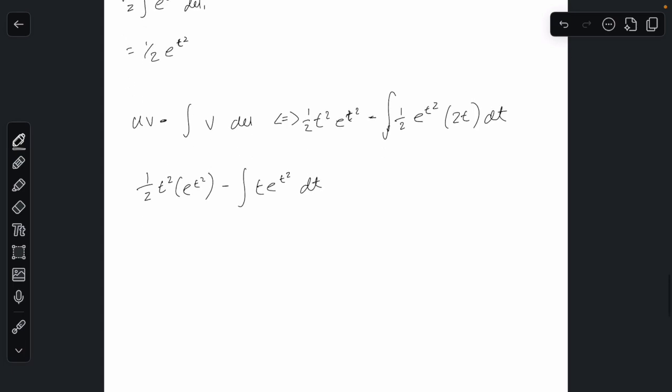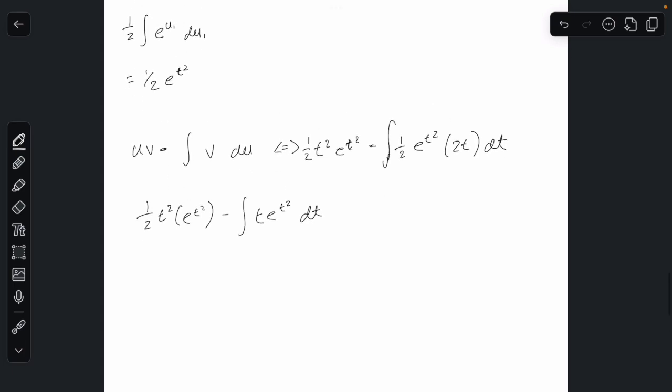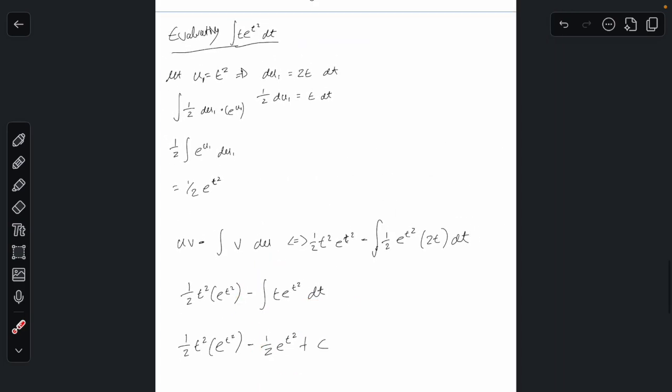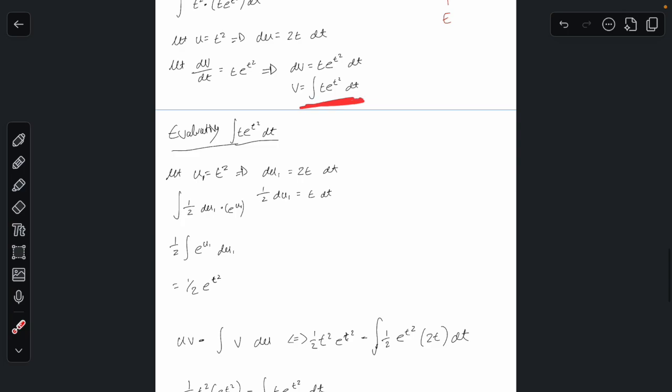And from here we can say that's going to give us a half t squared e to the t squared, minus a half e to the t squared plus c. So if we integrate this one by parts, we'll get to this, as given up here.